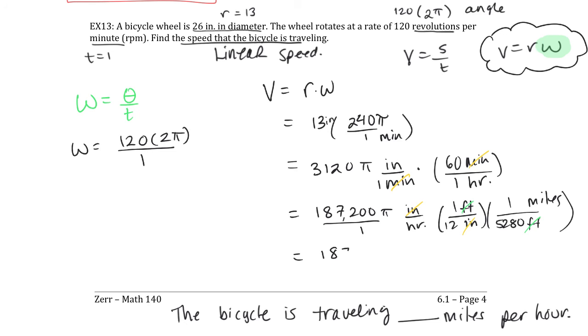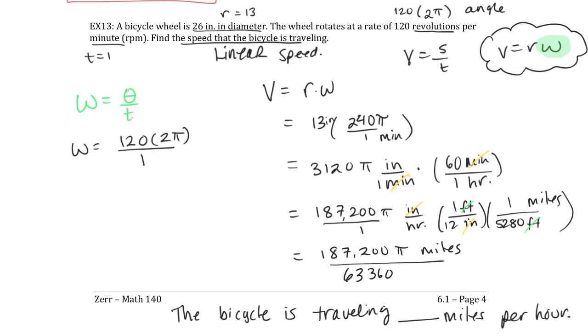Everything up in the numerator, we only have 187,200 pi, and everything canceled except miles. Then down in the denominator, I have 12 times 5,280, which gives 63,360.